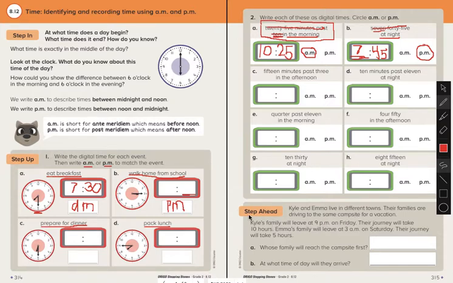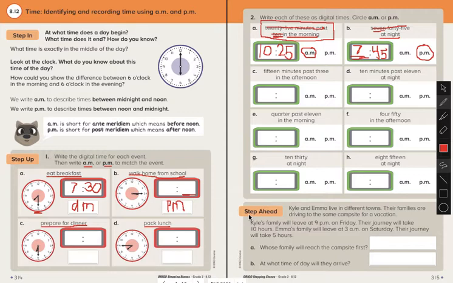Okay, and for the step ahead, Kyle and Emma live in different towns. Their families are driving to the same campsite for a vacation. I'm going to read that sentence one more time.